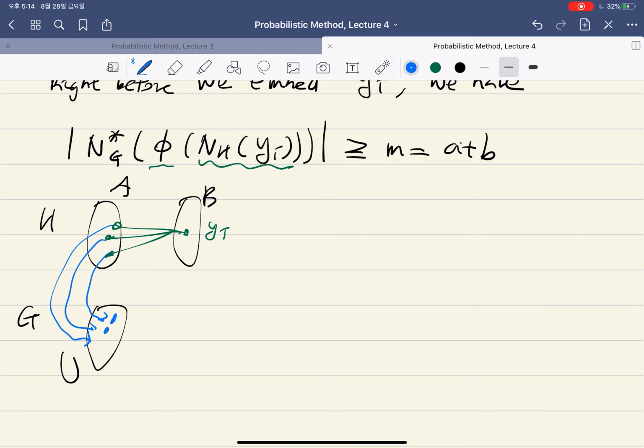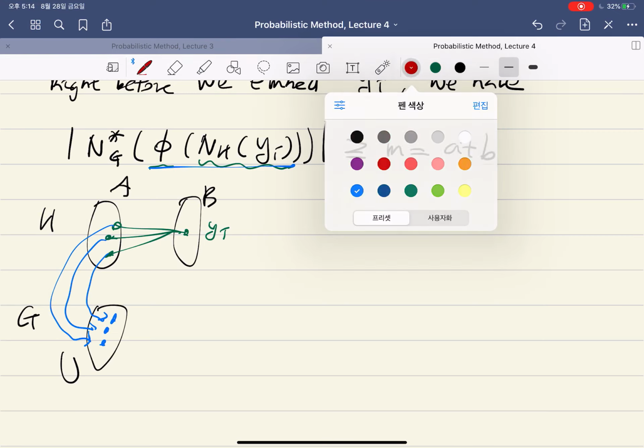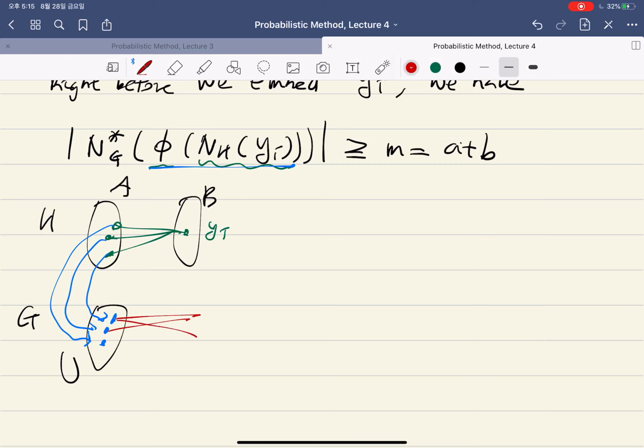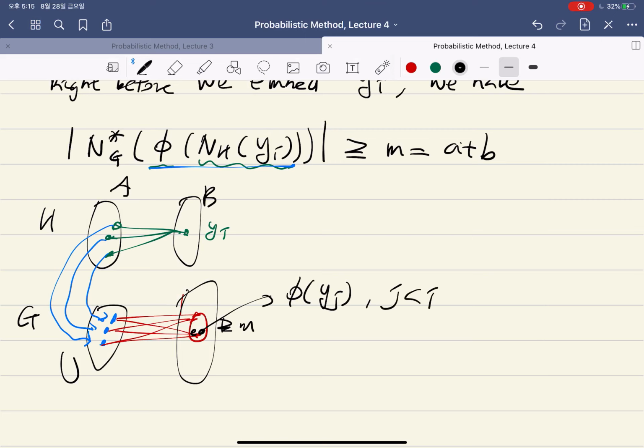So we have these three vertices here. And then we know that the common neighborhood of these three is big, of size at least M. Some of them might be already occupied by pi of yj with j smaller than i.